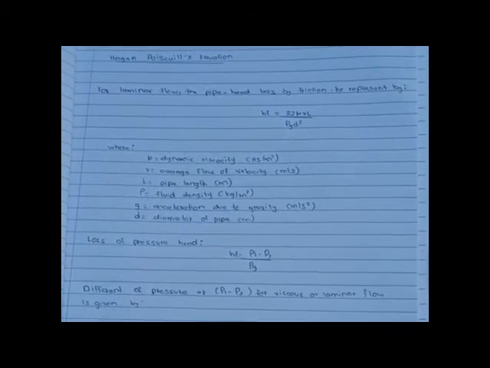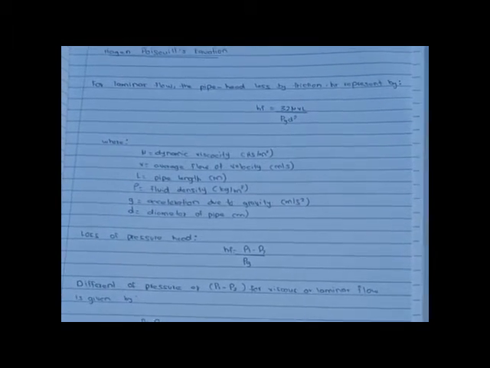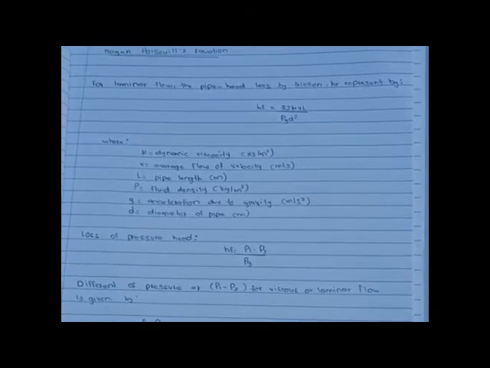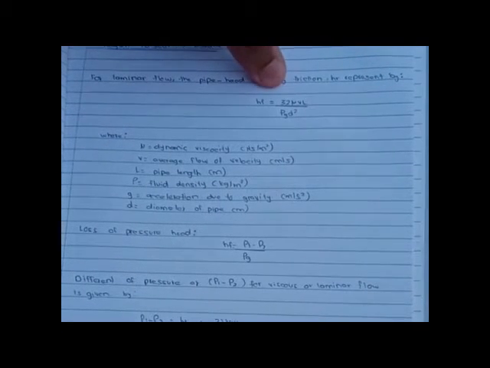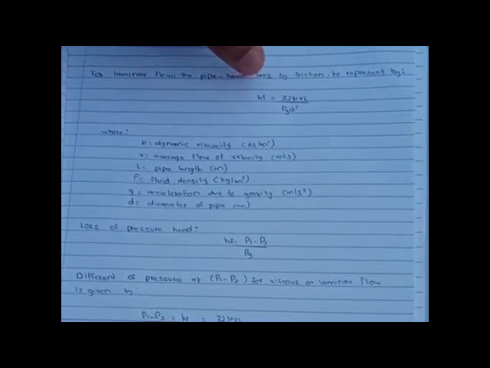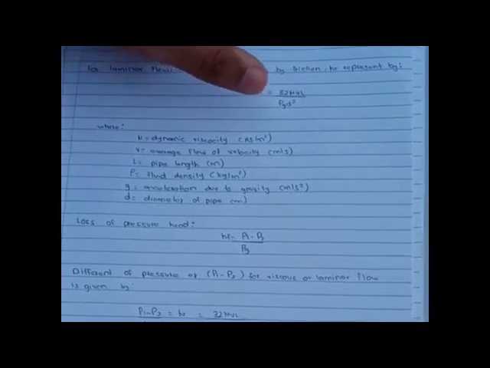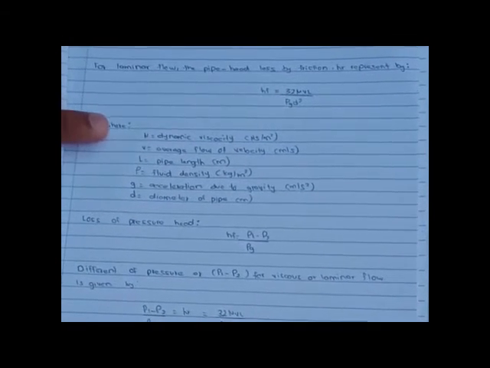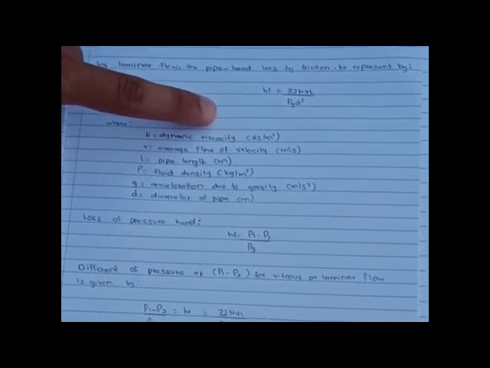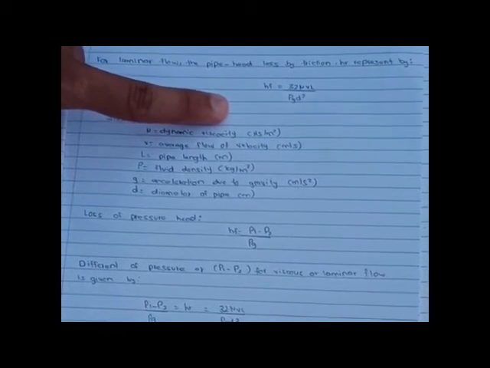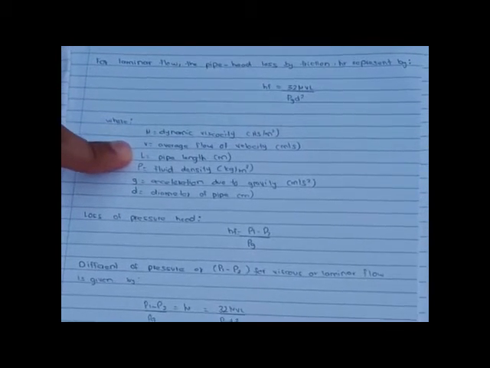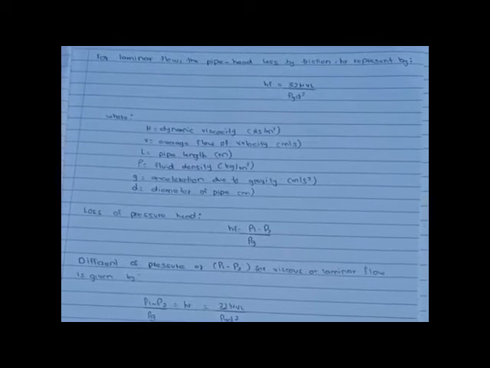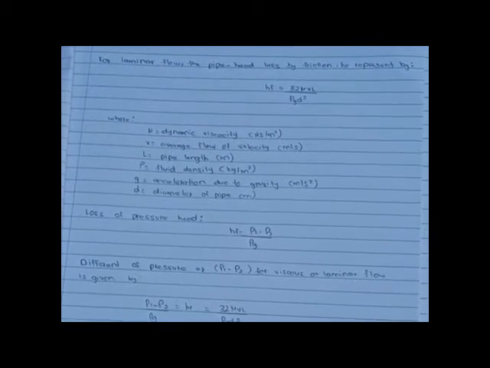Okay, this is the Hagen-Poiseuille equation. For laminar flow, the pipe head loss by friction, hf, equals 32 μVL over ρgD squared, where μ is the dynamic viscosity, the unit is newton second per meter squared, and V is the average flow velocity, the unit is meter per second.